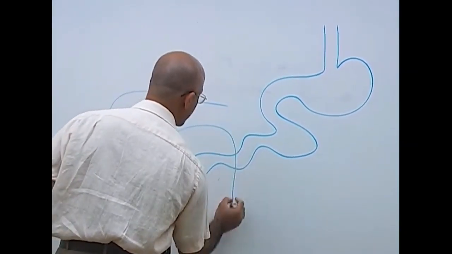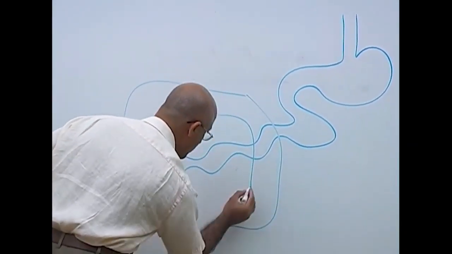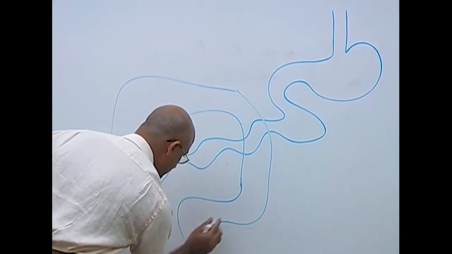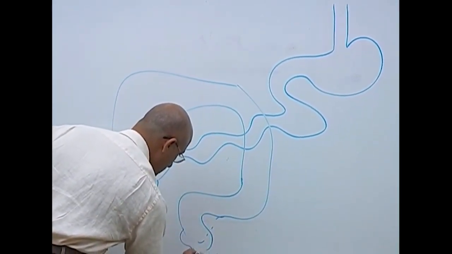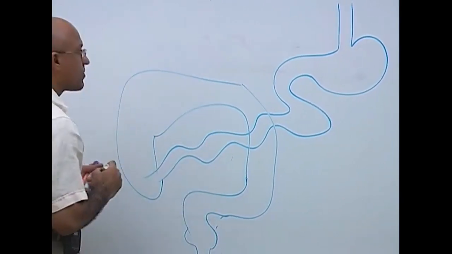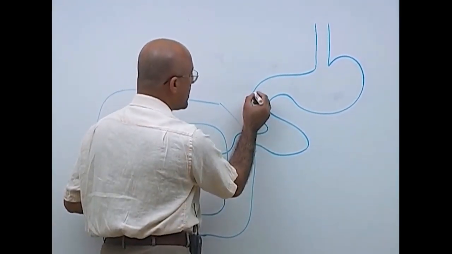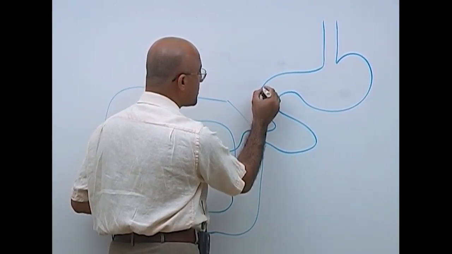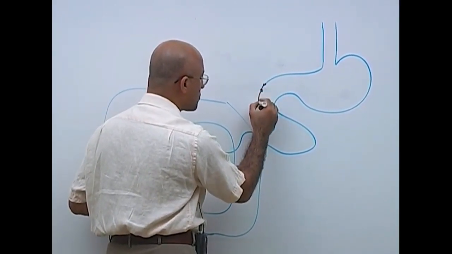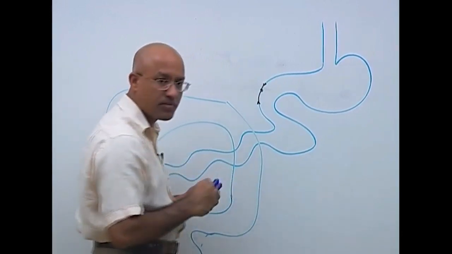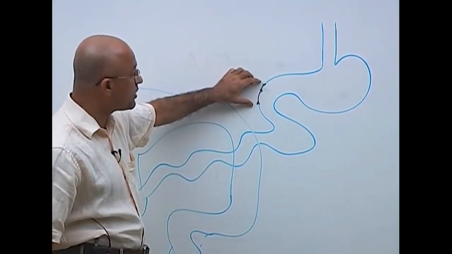This is a very simple diagram, right? Now listen. There are some sensory neurons which take information from one part of the gastrointestinal system to another part of the gastrointestinal system, right? So these are for the local reflexes.